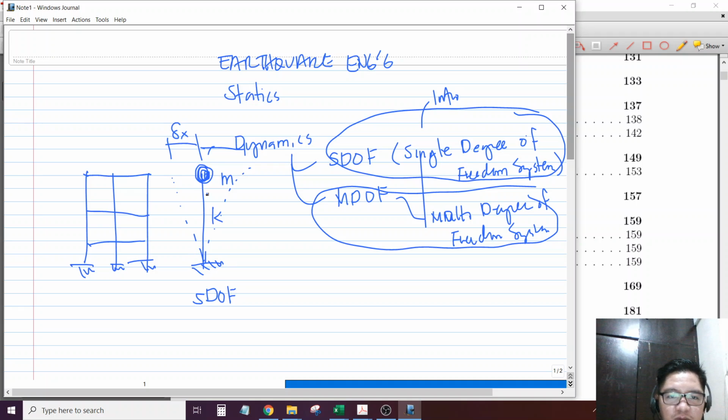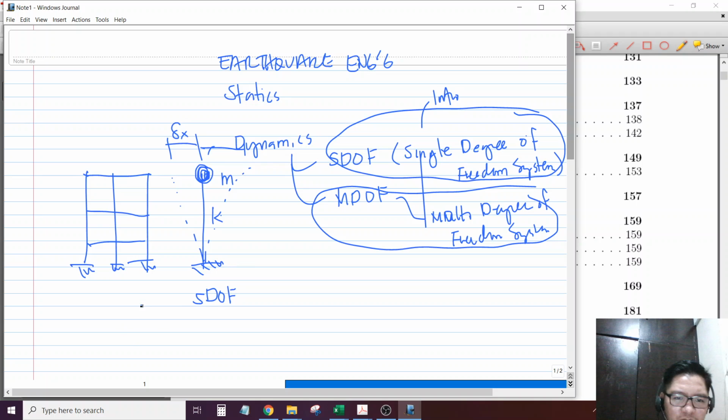For example, here you have only one degree of freedom, which means only one unknown. Whereas if you assume many degrees of freedom, your matrix is large, and therefore the running time on the computer is large.